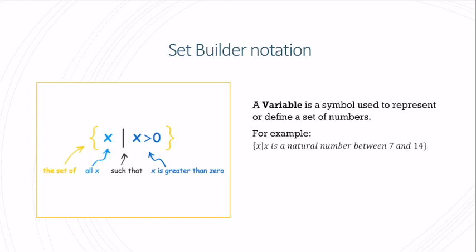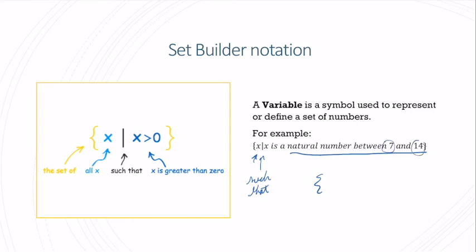For example, here I've got my bracket, so I have the set of numbers such that, that's what this bar means. This bar means such that x is a natural number between 7 and 14. So I could write this set as all the natural numbers between 7 and 14.